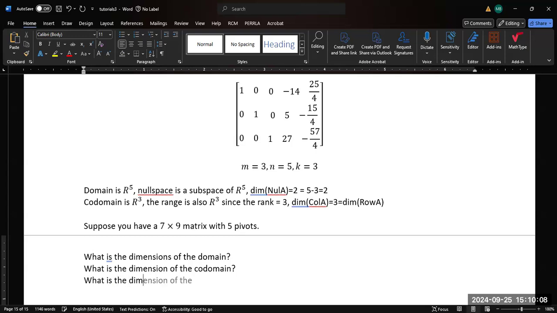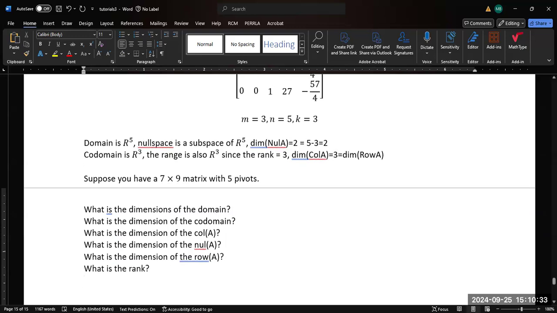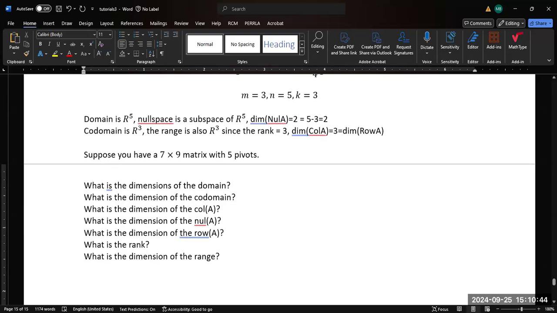What is the dimension of the column space? What is the dimension of the null space? What is the dimension of the row space? And what is the rank? And then finally, what is the dimension of the range? So these are all sort of standard questions that you can ask.